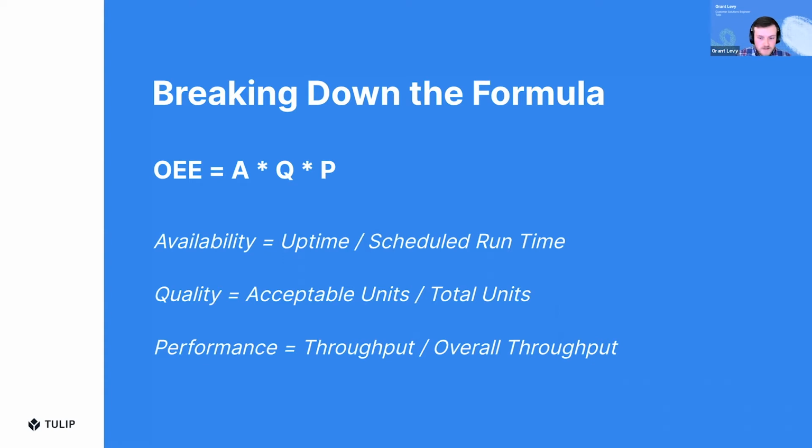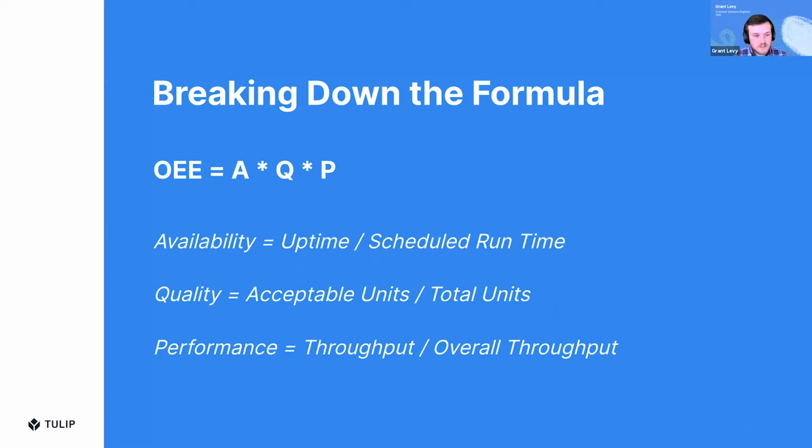Looking at quality, this is pretty self-explanatory. It's your acceptable units divided by your total units produced. And performance, we can think about as throughput divided by your overall throughput. Another way to phrase that would be to take our total parts made, divided by our ideal part rate, given the duration spent running.